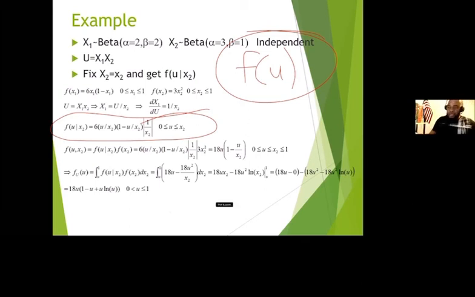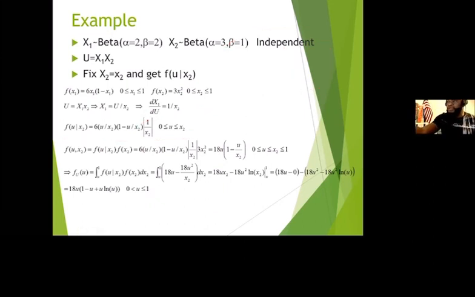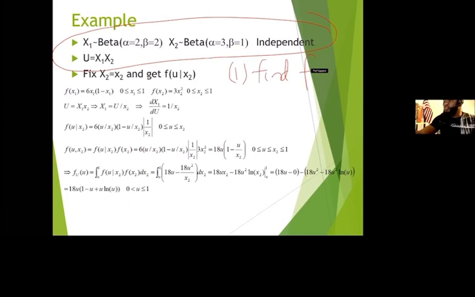What if in a question I give you this, and I say: one, find f of u given x2. Two, find f of u, the joint. Then three, find f of u.